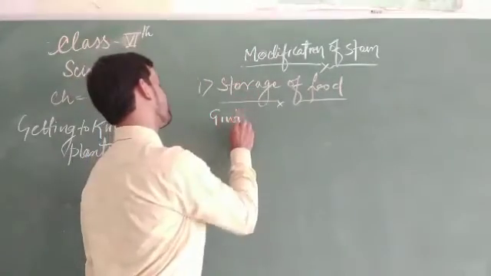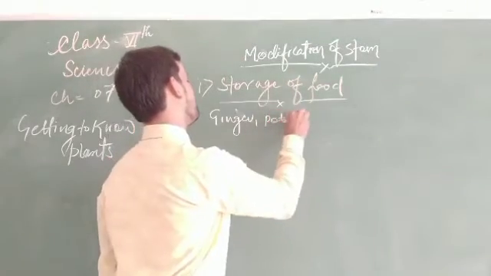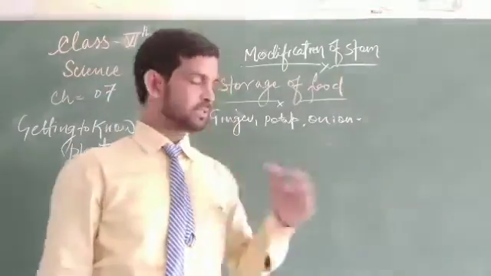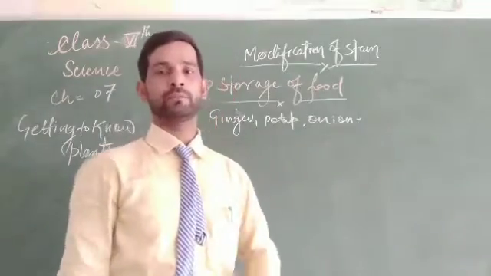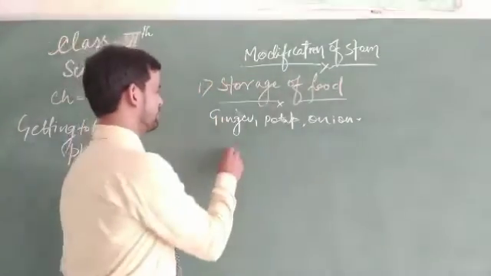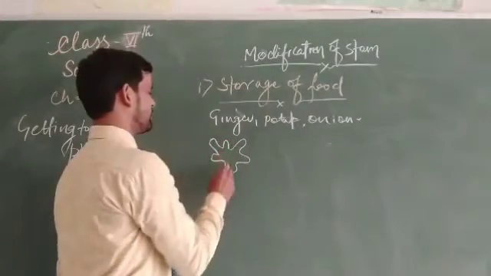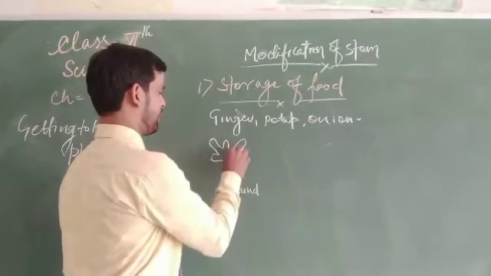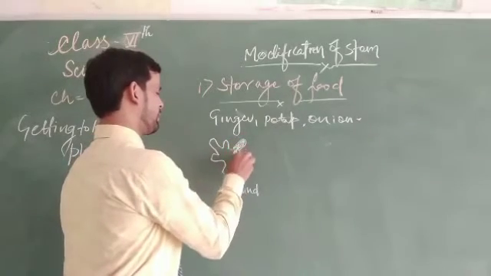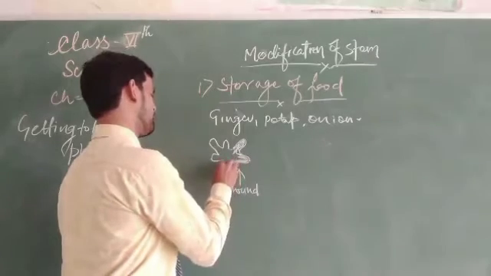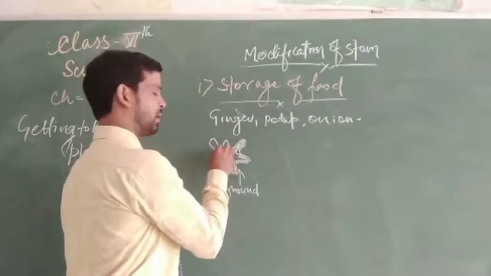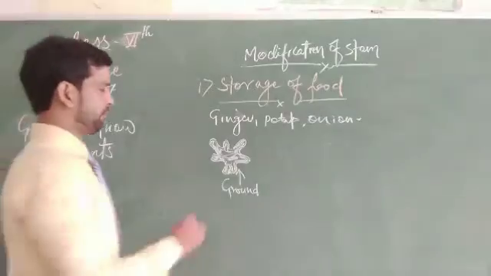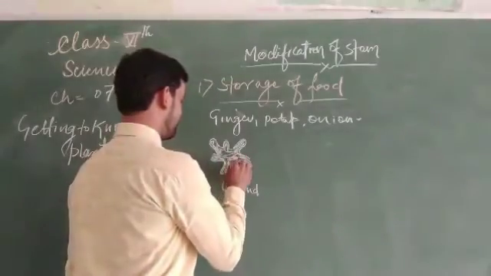These stems grow underground in the soil and store food. In the case of ginger, food is stored in its stem, and this part is eligible for eating. It can be used for eating purposes.